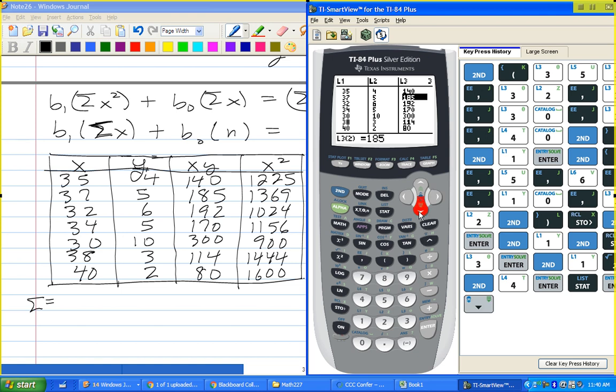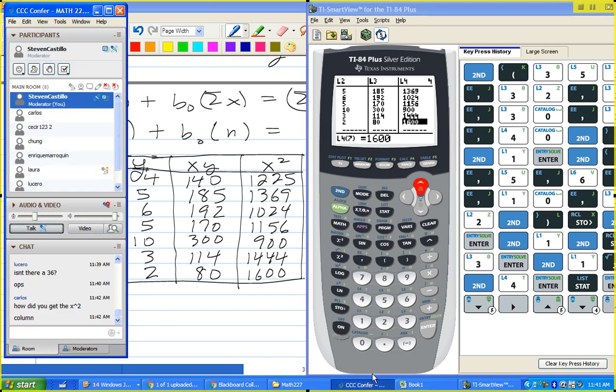140, 185, 192, 170, 300, 114.80, 1225, 1369, 1024, 1156, 900, 1444, and 1600. So good. That's all of your data. How do you get the X-squared column?